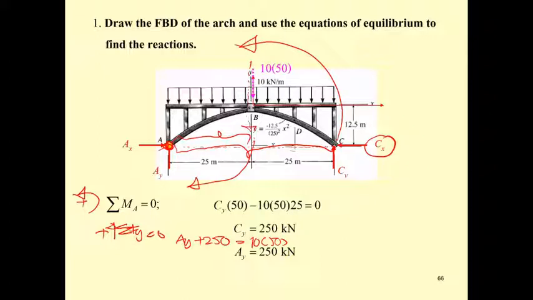You got to draw another free body diagram, which is half of the arch. If you put half of the arch, that means you're going to have the B sub x and B sub y here. And now you have 3 unknowns, and the best way to solve this free body diagram, you just take a moment about B, and then the 250 kilonewton is going to rotate in this direction, and this one is going to rotate in this direction.